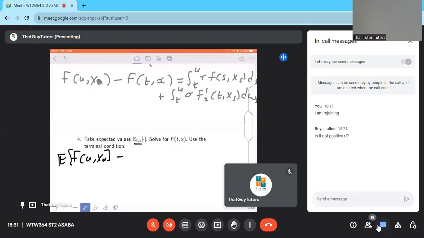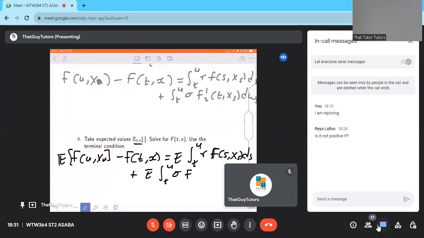So you are going to have f t x, and then again equals to the expectation of the integral from t to u of r f of s x ds, plus the expectation of the integral from t to u of sigma f of s x of s dW of t.